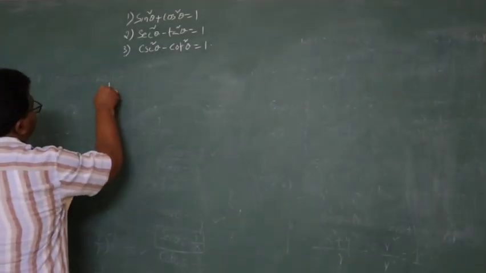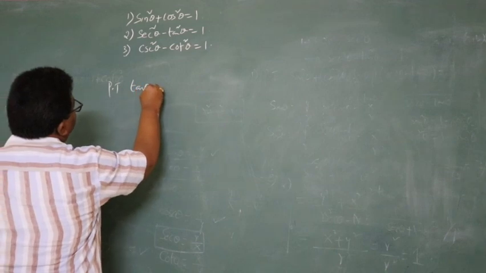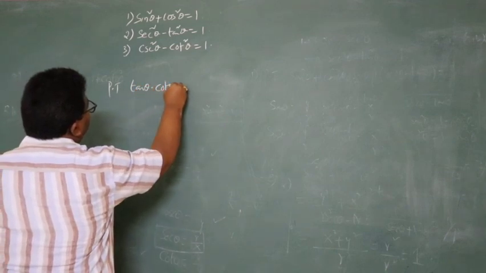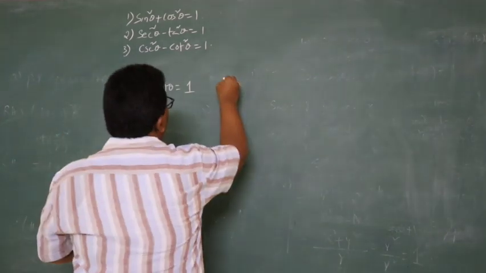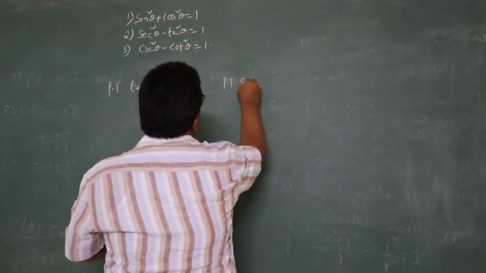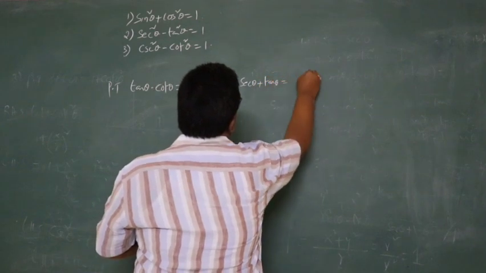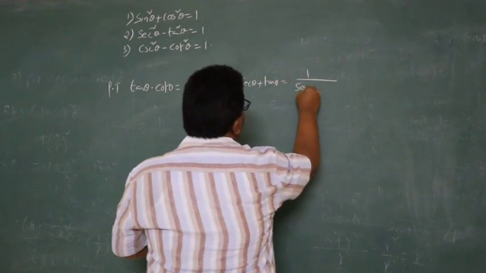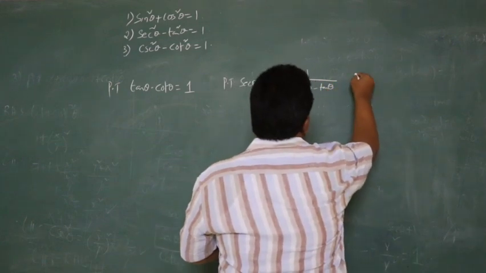The next one: prove that tan theta into cot theta equal to 1. Prove that secant theta plus tan theta equal to 1 by secant theta minus tan theta.